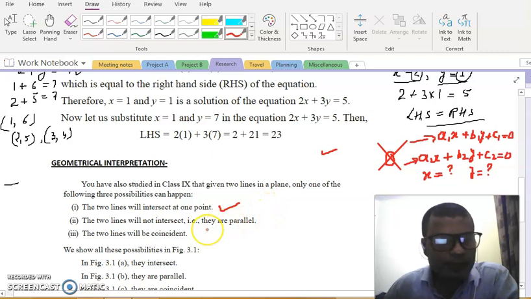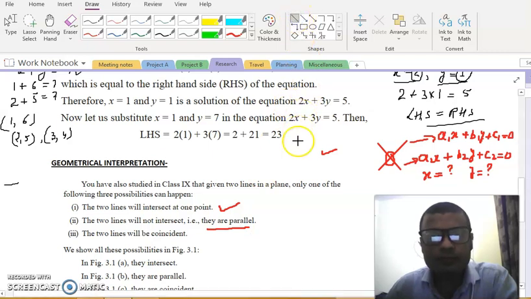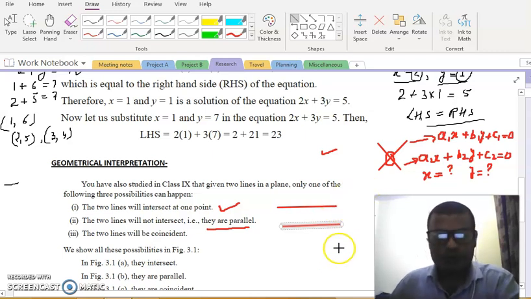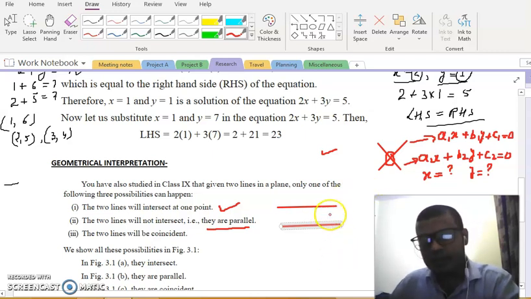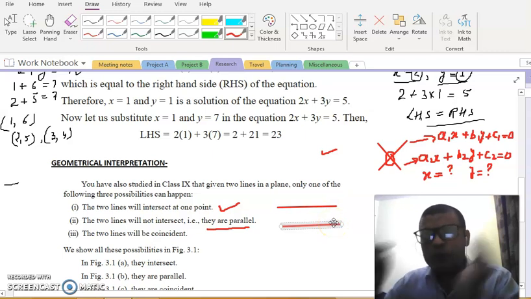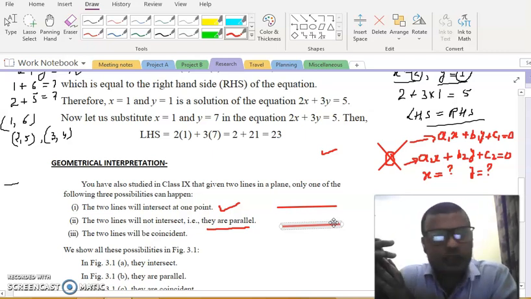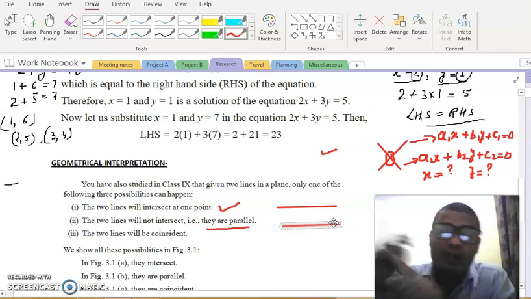Now the two lines will not intersect. That means the lines are parallel. Suppose these are the two lines of two equations, and you see these lines are not intersecting each other. So if they do not intersect, no solution exists for the system of equations. A solution exists when the lines intersect.